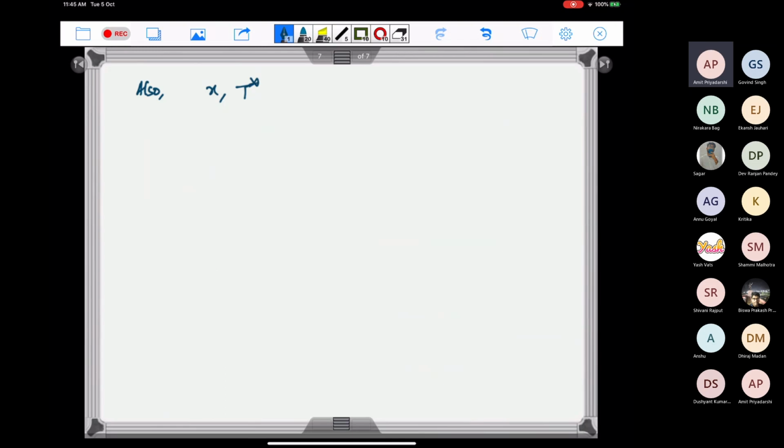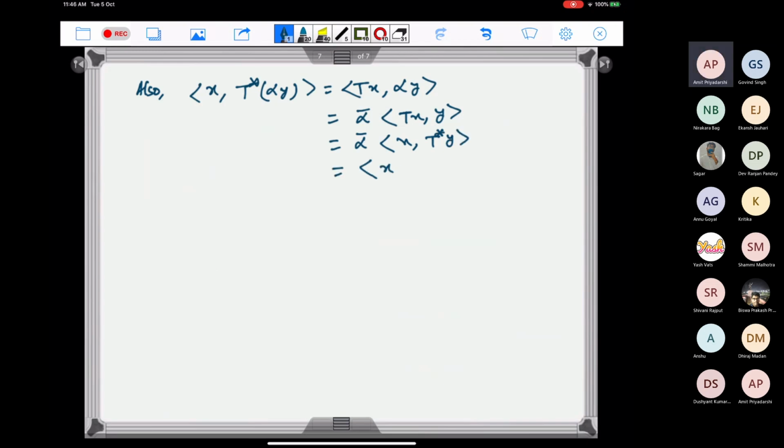x inner product with t star of alpha y is equal to tx inner product with alpha y, which is equal to, now we can take this alpha out. So this will be alpha bar tx inner product with y, and then we'll write this as alpha bar x inner product with t star of y, and then again we put this alpha inside the second component.